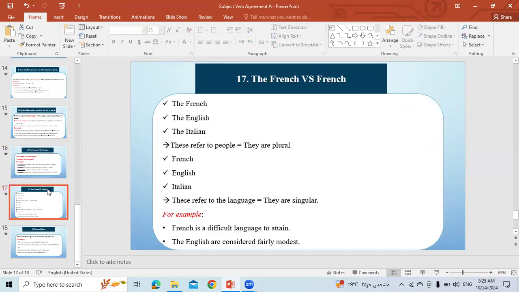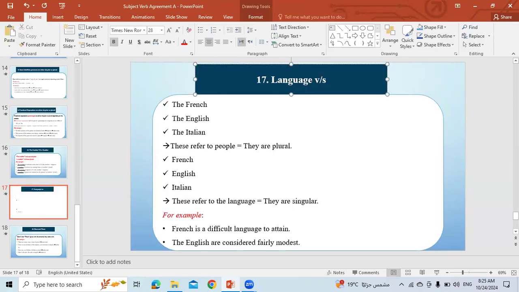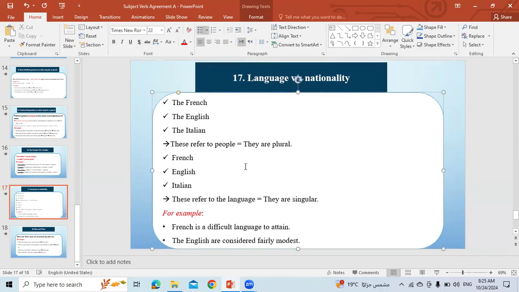Okay. Now there is something called language versus nationality. What does this mean? When I say French is easy, here French is what? Is it a nationality or language? Language. But when I say the French are hospitable or kind, what do I mean here by the French?